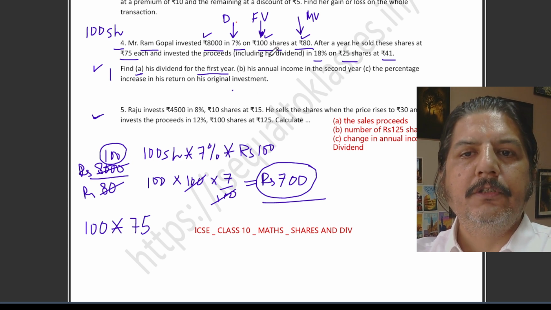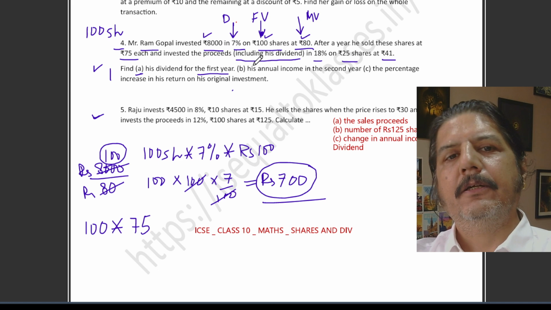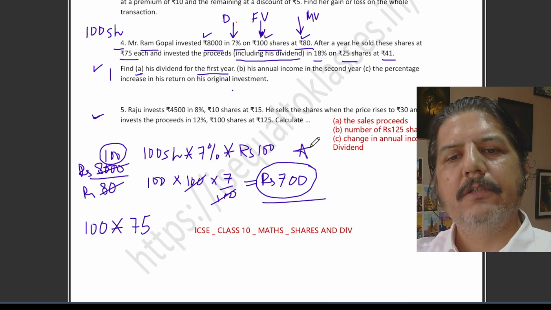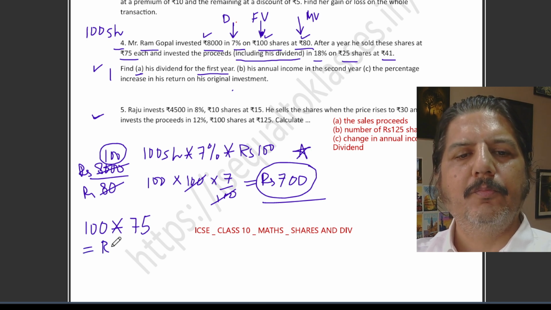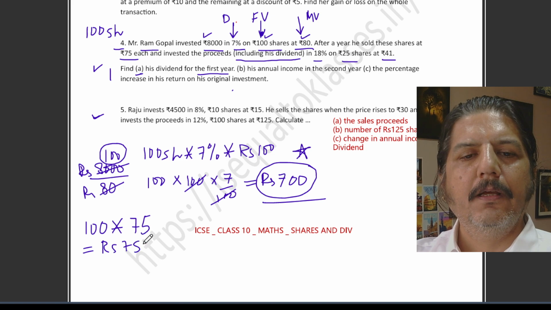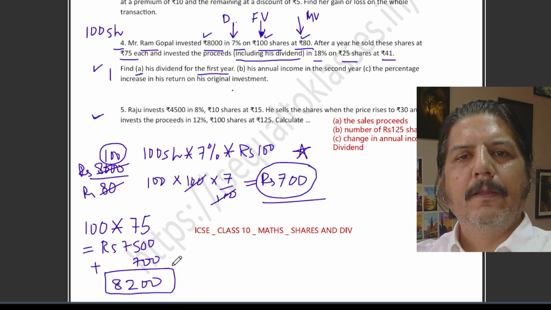And invested the proceeds including his dividend. So I'll have to include this 700 rupees dividend also in the sale proceeds. The sale proceed is rupees 7,500. I add rupees 700. So Mr. Ram Gopal would have got rupees 8,200. I hope this is making sense.